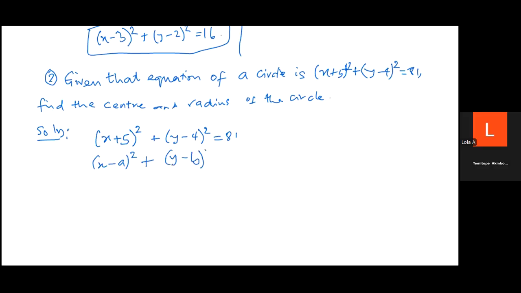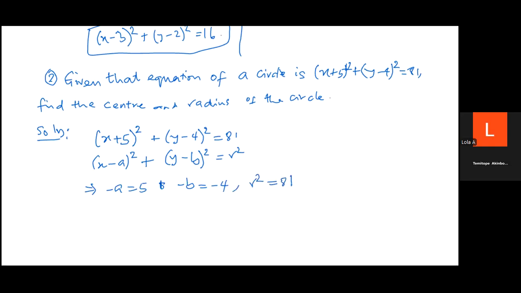So this implies that if you compare this with this, −a = 5. And compare this with this, −b = −4. Then r² = 81.